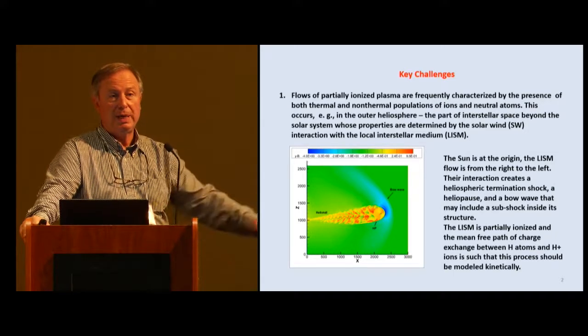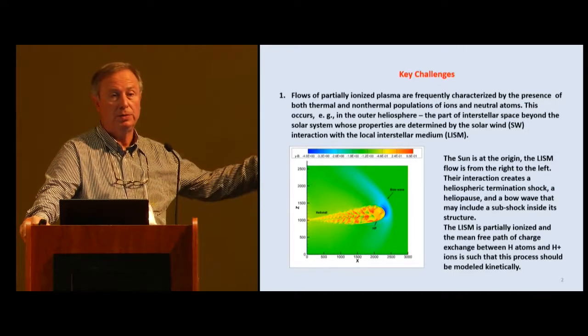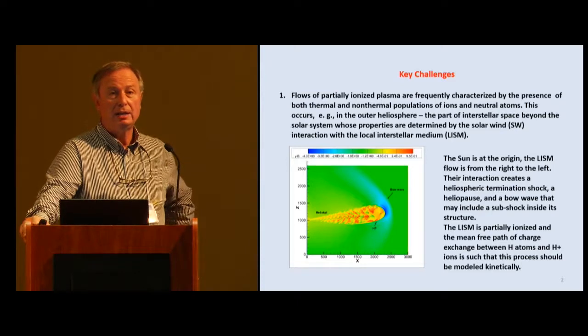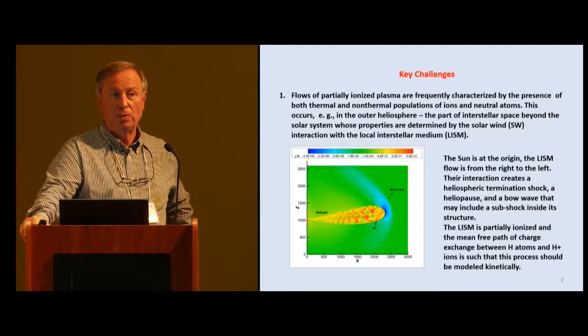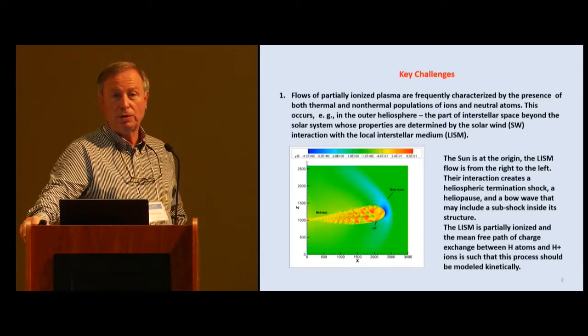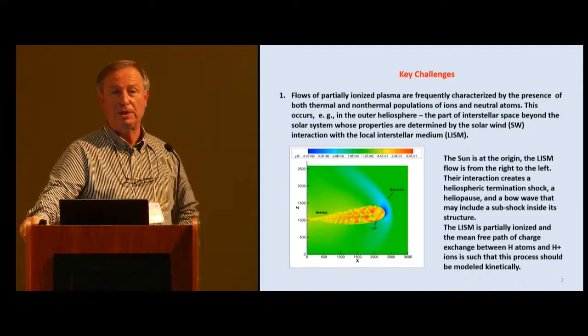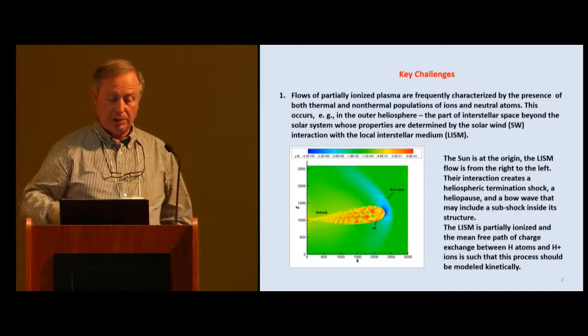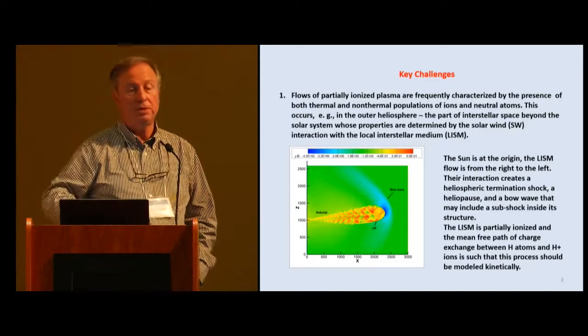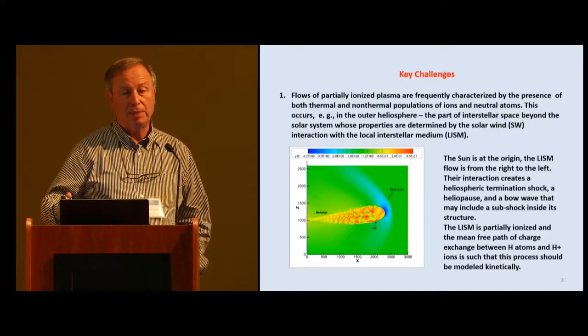So from this perspective, the bow wave you see in front of the heliopause is highly modified by charge exchange with neutral solar wind. So you will never know whether there is a shock or not only by knowing the properties of the interstellar medium. Pickup ions are also non-thermal and should be modeled appropriately.